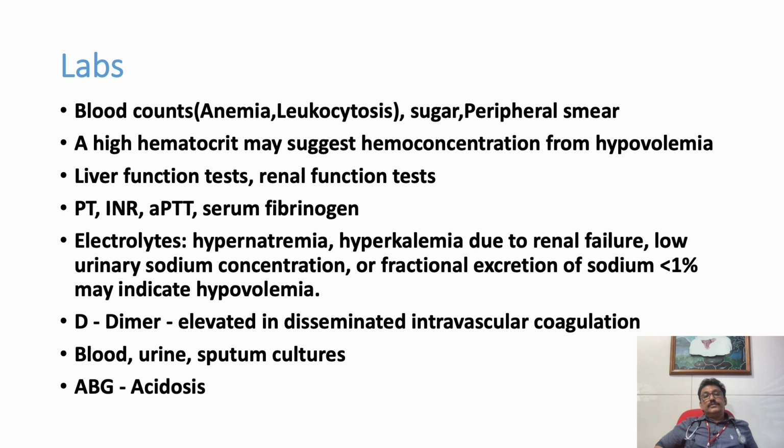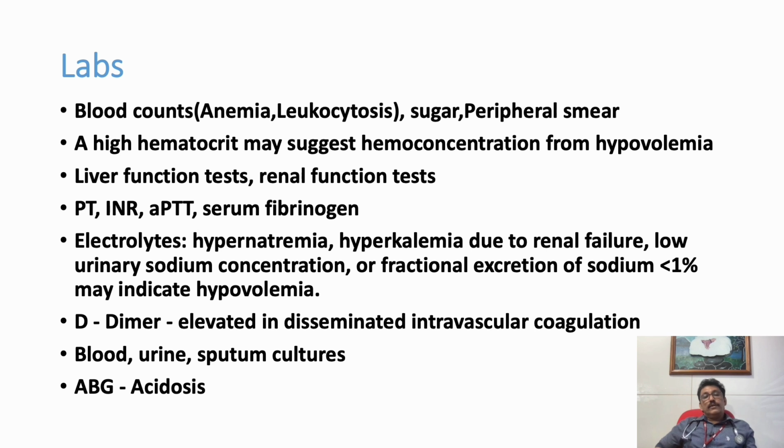You can get severe acidosis with shock because of volume depletion. Peripheral smears are very important because many findings like hemolysis, malignancy, all these things can be picked up. Malaria can be picked up by peripheral smear. Hematocrit is a very good indicator for hemoconcentration. LFT, RFT, prothrombin time, INR, APTT, fibrinogen.